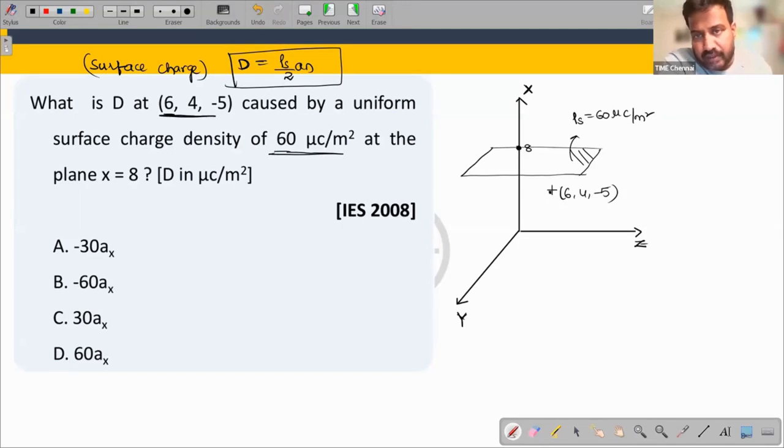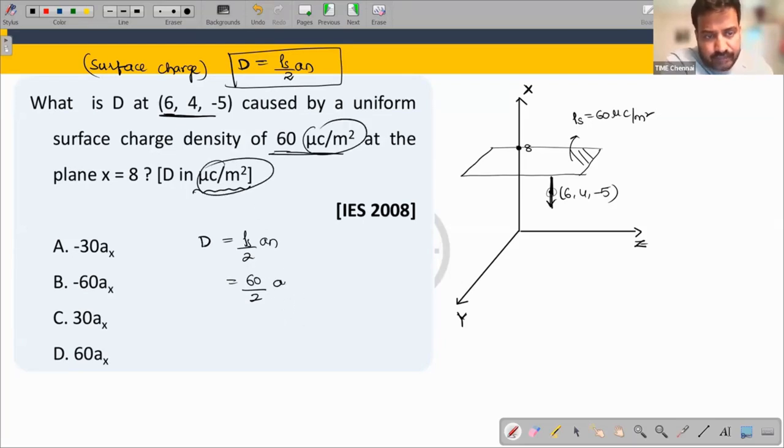So at this point, if you want to find the electric field, D is given by rho s by 2 an. Rho s is 60 by 2. The answer is already in microcoulomb per meter square. You need not do anything with this. 60 by 2 an, 30 microcoulomb per meter square an.